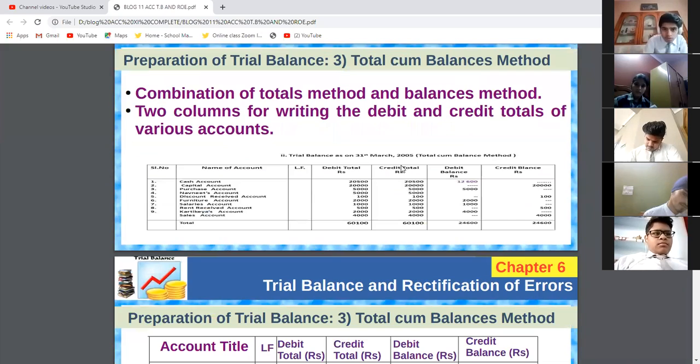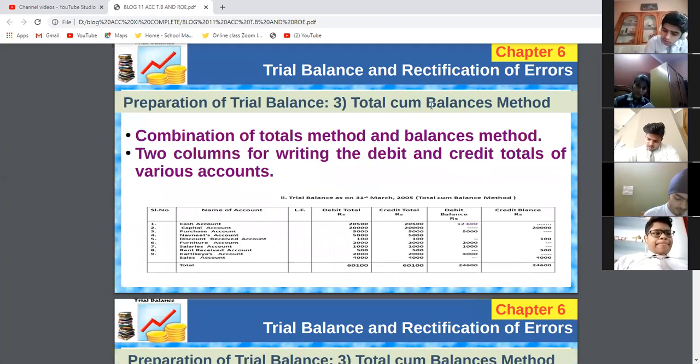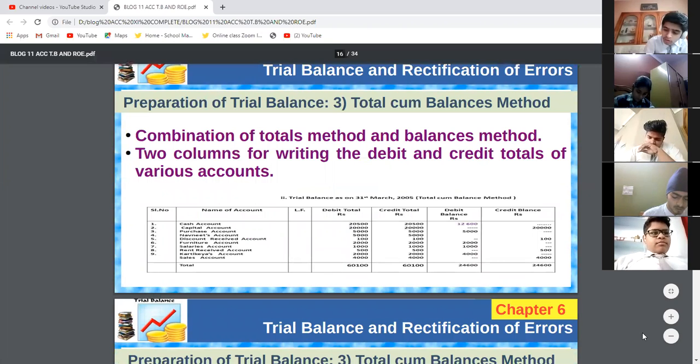And third is total and balance method both. In this method, totals are given as well as balances.